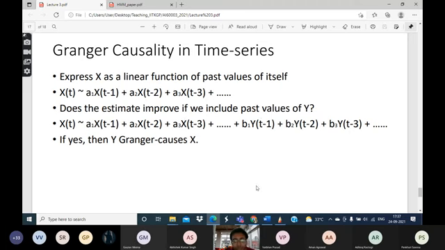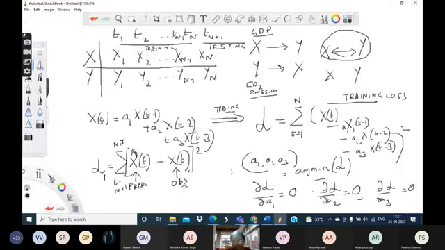In this case also we can do the same kind of analysis. Instead of the earlier model, we go for this other model, in which case we will get more parameters: a1, a2, a3, b1, b2, b3.